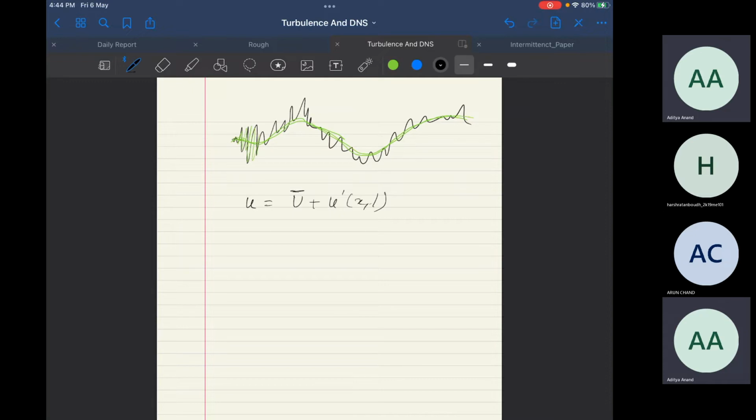Again, you can derive filtered velocity derivatives, convective terms, and other terms from this filtered velocity field itself.